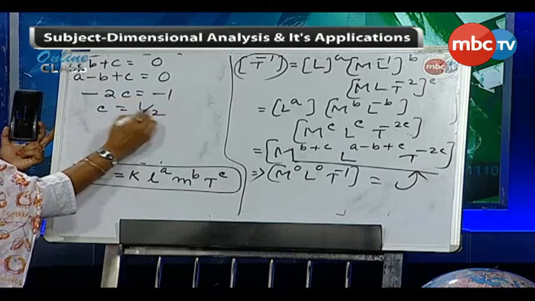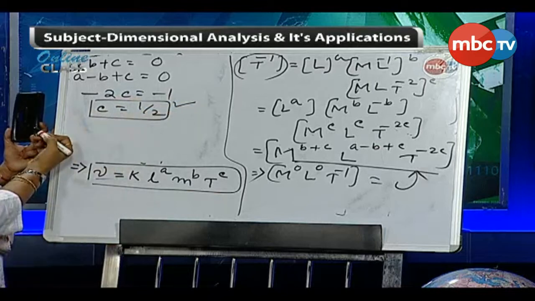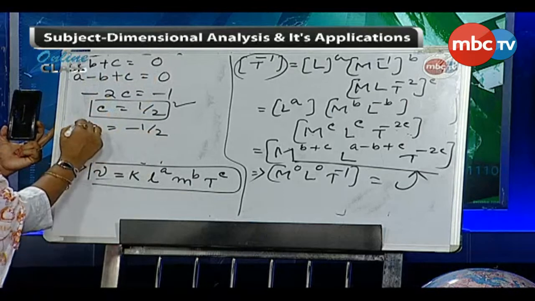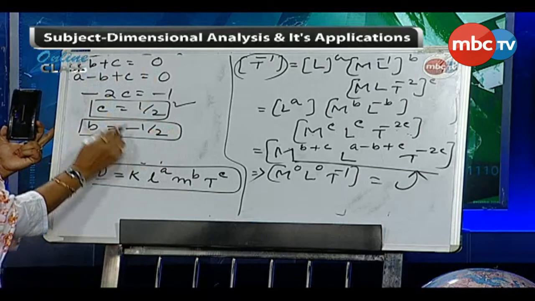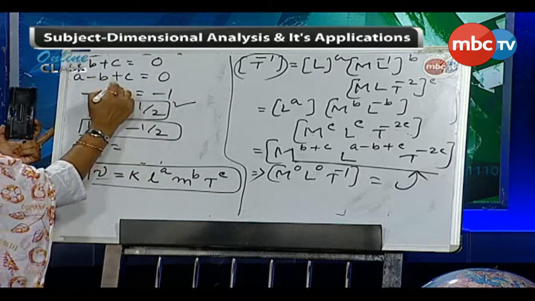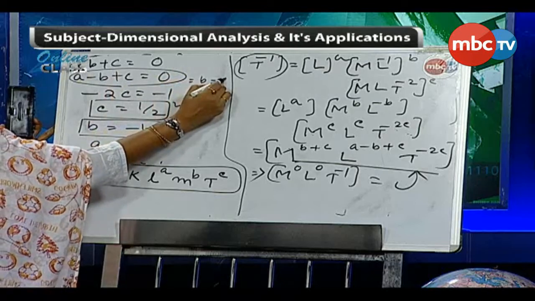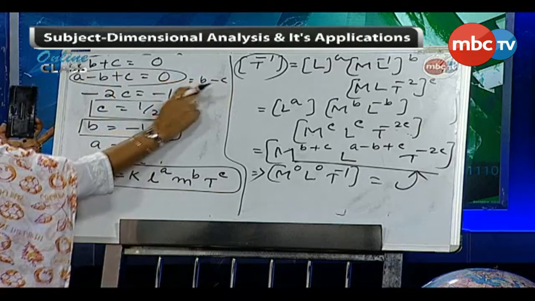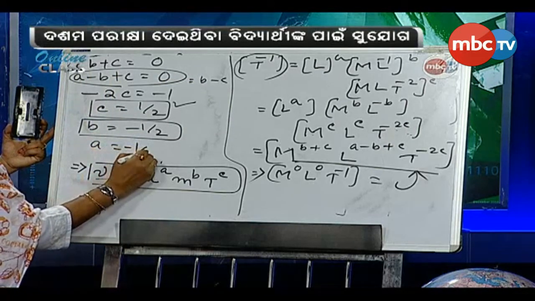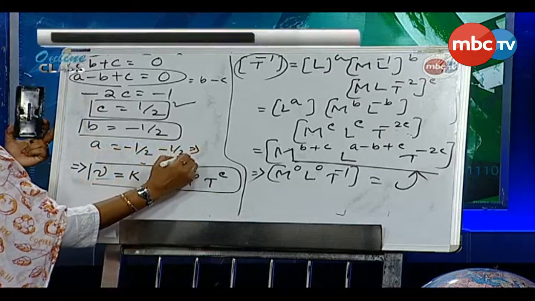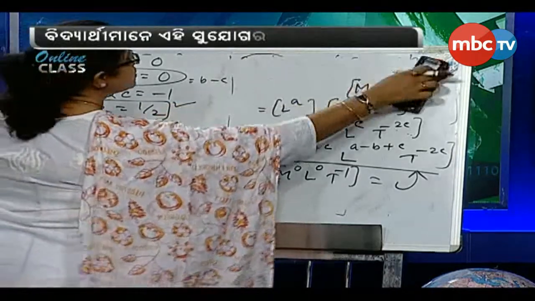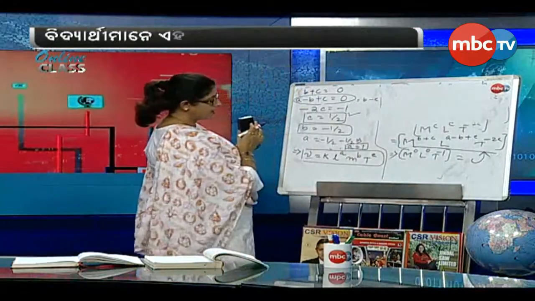So C is equal to half. So B is equal to minus C, which is minus half, and A will be equal to B minus C. B is minus half, minus C is minus half, so A is equal to minus 1. Yes or no? So we got the values of A, B, C.